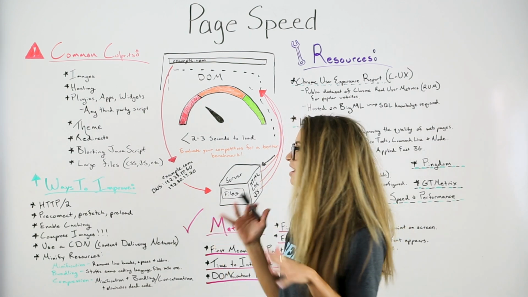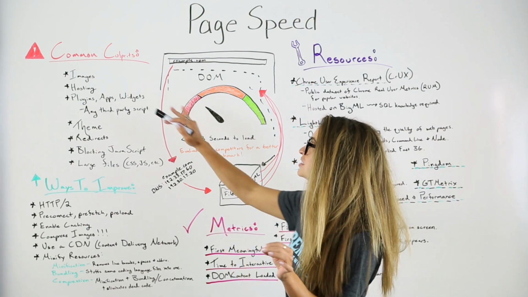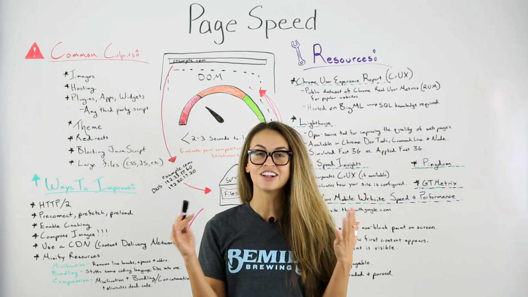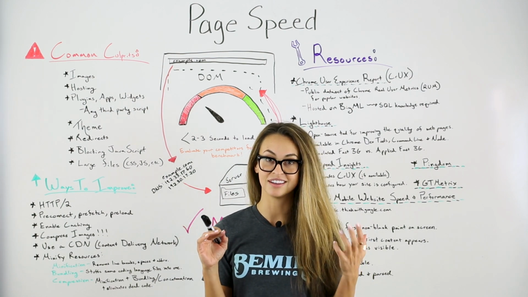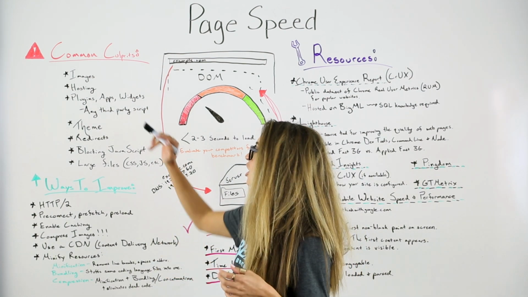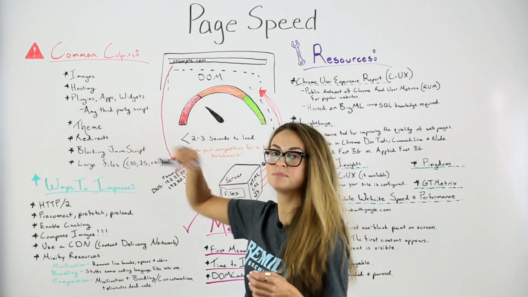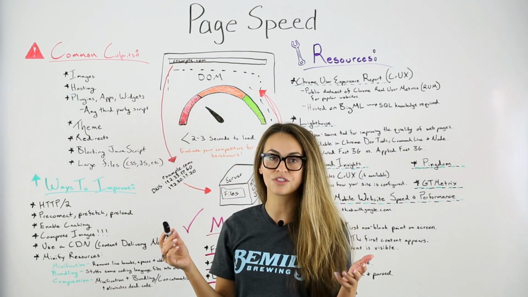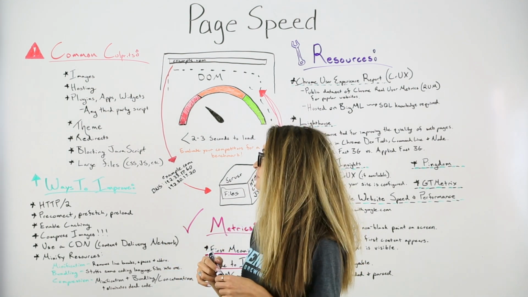All right, what are some of the most common culprits? First and foremost is images. Large images are the biggest culprit of slow loading web pages. Hosting can cause issues, plugins, apps, widgets, basically any third-party script as well can slow down load time.